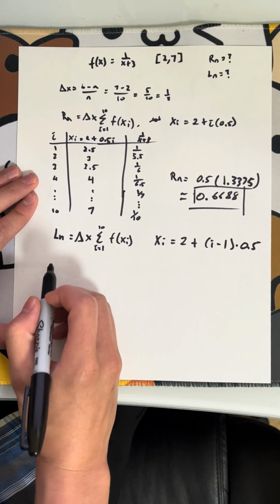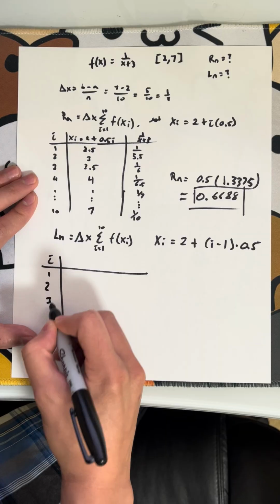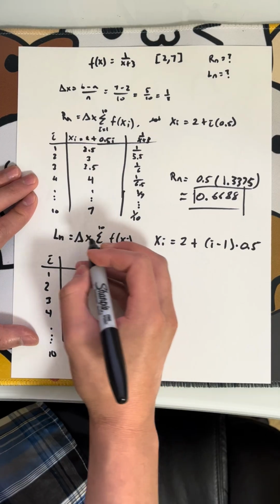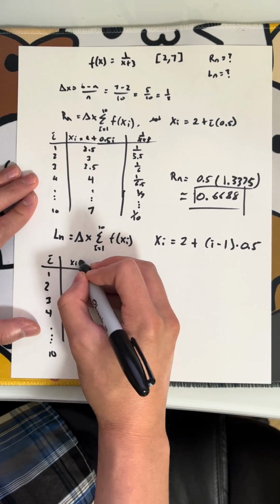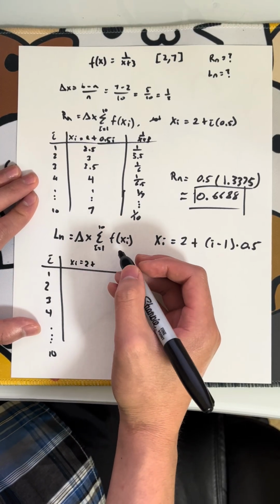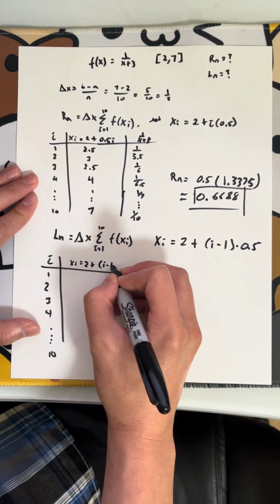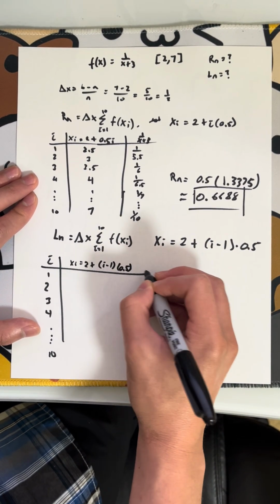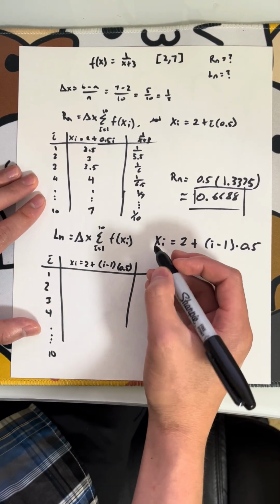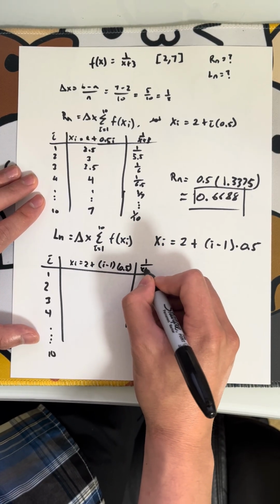Let's do pretty much the same thing. Make our table, i from 1, 2, 3, 4, all the way down to 10. Sample point equals 2 plus i minus 1 times 0.5, and then f of the sample point, which is 1 over x plus 3.